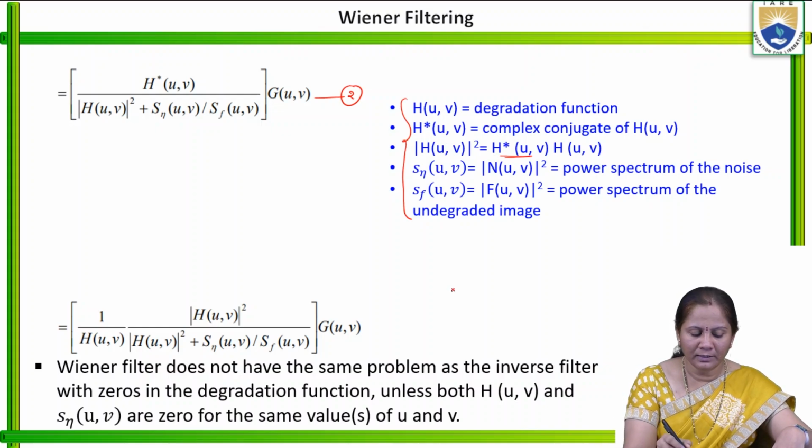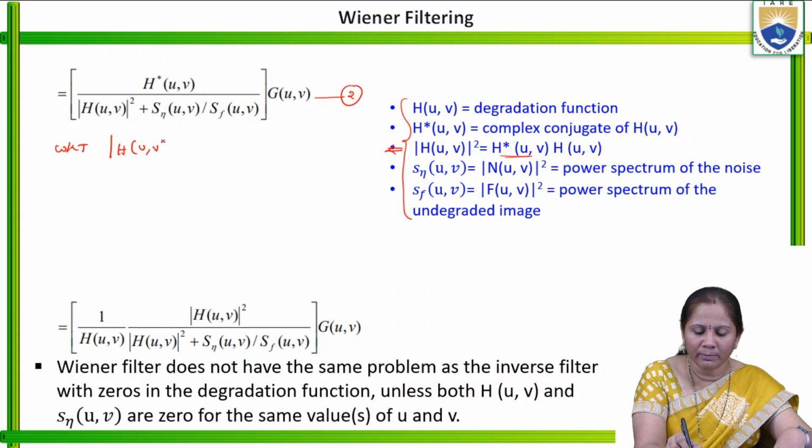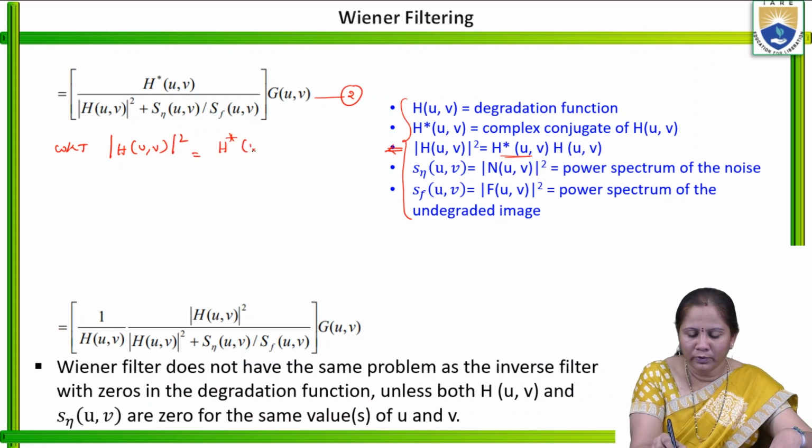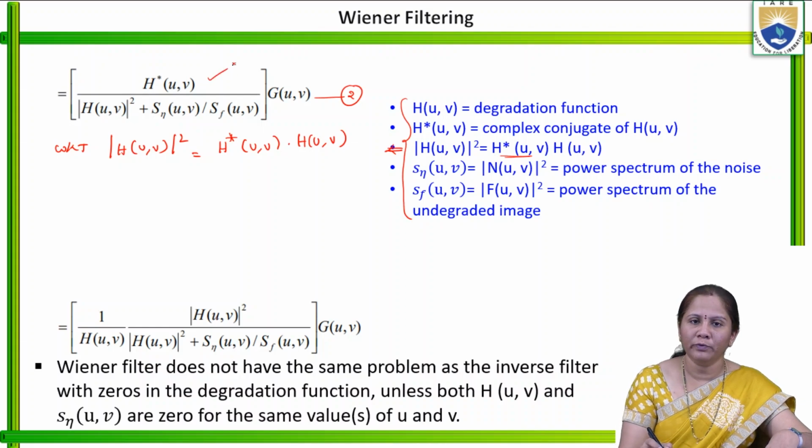From this we know that mod h of u comma v whole square is equal to h star of u comma v into h of u comma v, but here we need h star of u comma v.